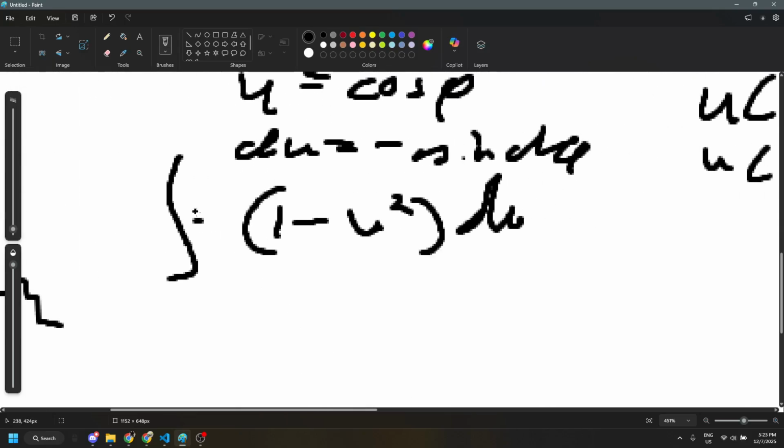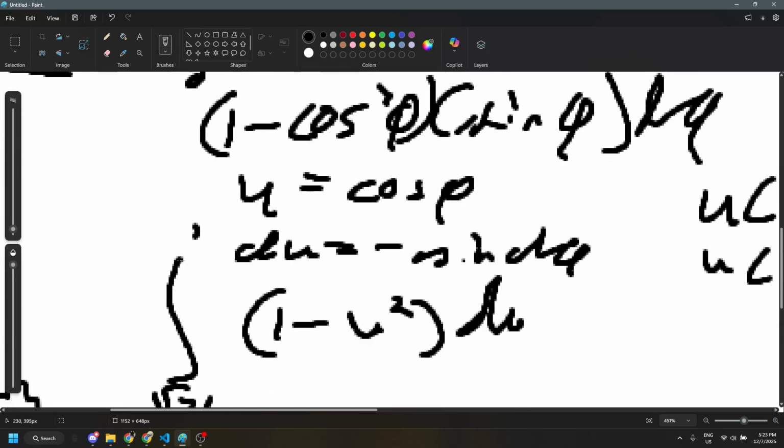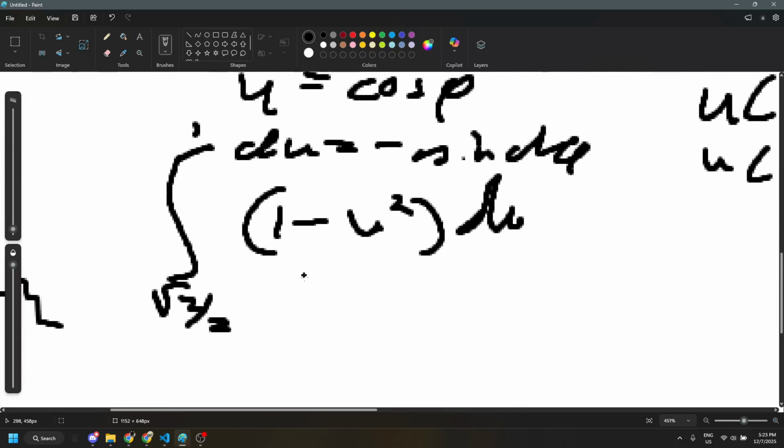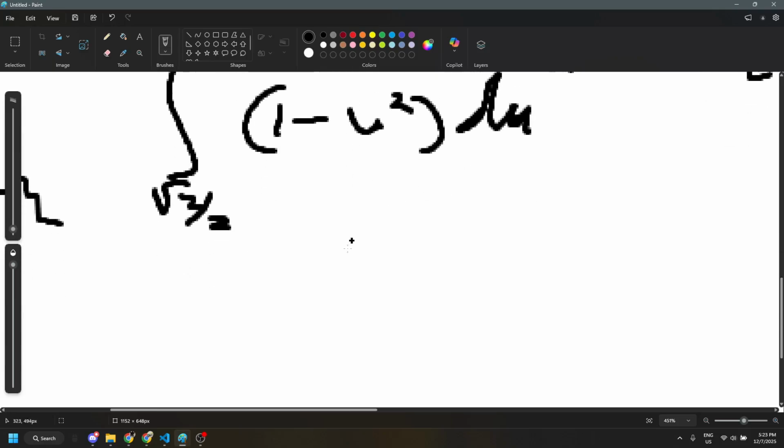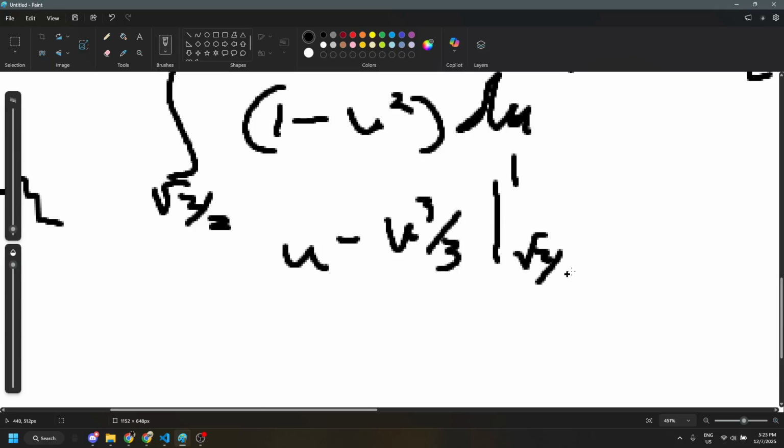Well, it should be negative, but we can negate it by flipping the bounds of the integral. That gives us u minus u cubed over 3 from root 2 over 2 to 1.